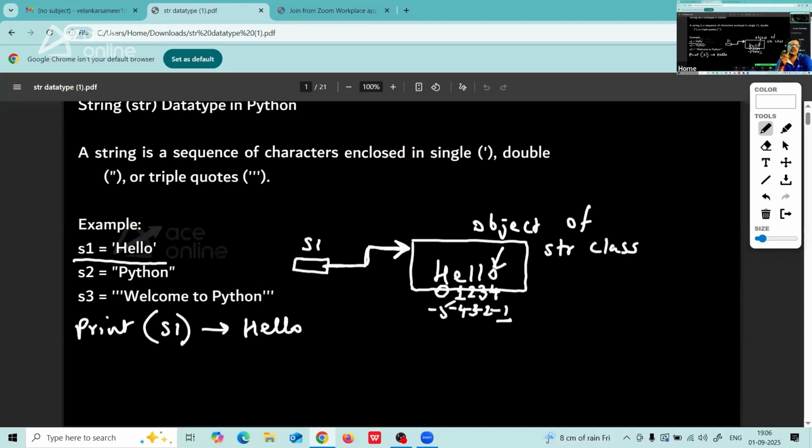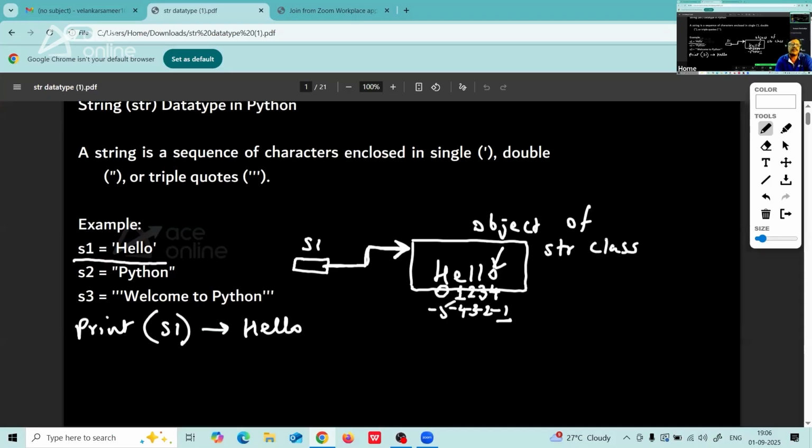But I also told you that I prefer using positive indexes. We will also do that. A day will come in our course when, once in a time, we will use negative index. Okay. But if you are able to use string with positive index, that is sufficient. Okay.